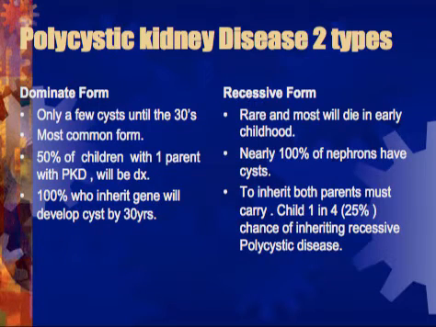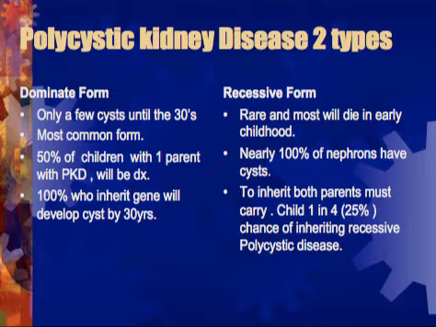So, as I mentioned, polycystic kidney disease, predominantly there are two types. The more dominant form is seen in adults, and I discussed in that PowerPoint before this one, in the slide right before this in 4, that usually adults 30 to 50 years of age.